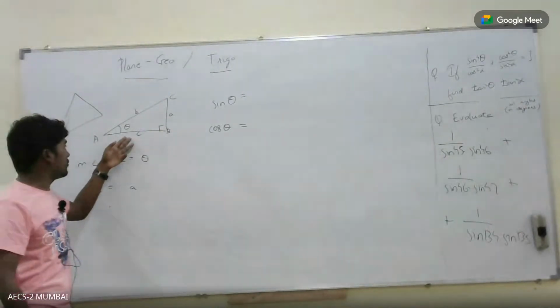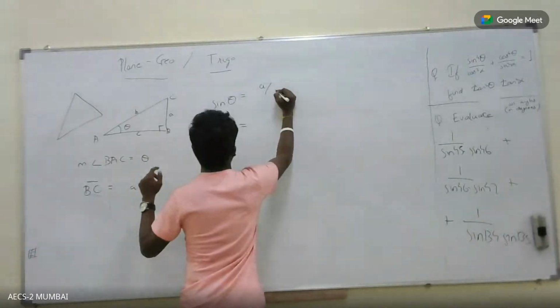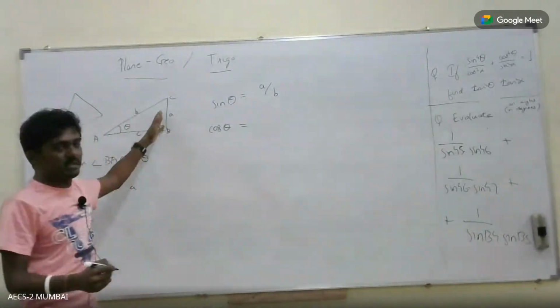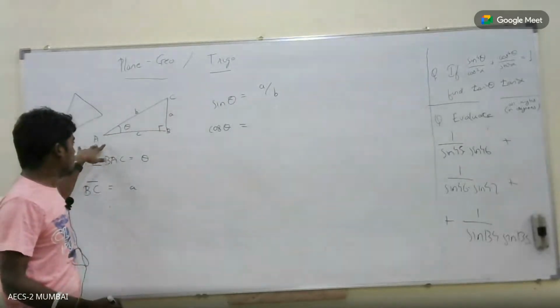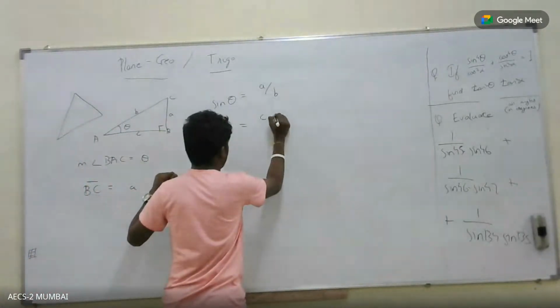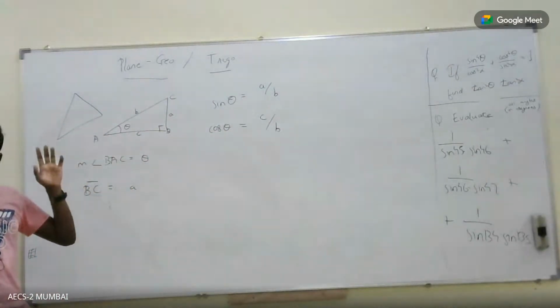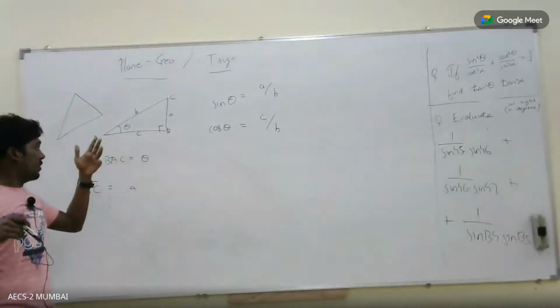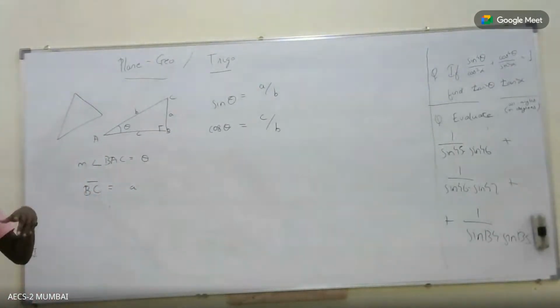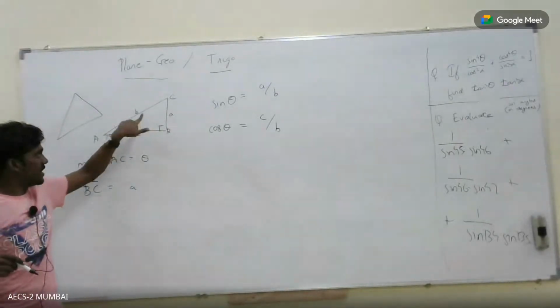So we define sine of theta as the ratio a over b, that is the opposite over the hypotenuse. Similarly, we define cos of theta as c over b. Notice that the moment we define a ratio, we are able to do so because every triangle which has an angle of 90 degrees and another angle theta has the same ratio of sides.